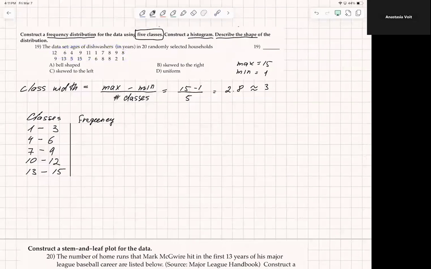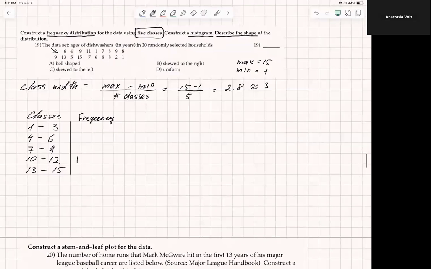So we have 12. 12 goes here, so we have 1. Then we have 6. 6 goes here. 4 goes again here. 9 goes to the third class. 11 goes to the fourth class. 1 goes to first class. 7 goes to the third class. 8, 9, 8 go to the third class again. Then we have again 9.